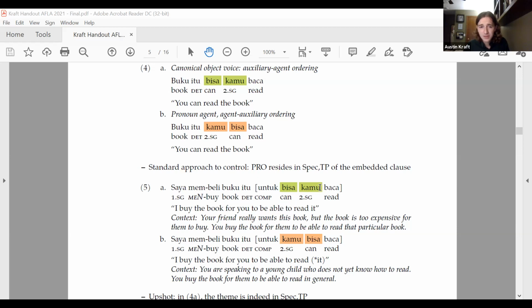I spoke with the consultants about this: with a sentence like 5A, we get the meaning, I buy the book for you to be able to read it, for you to be able to read this particular book.